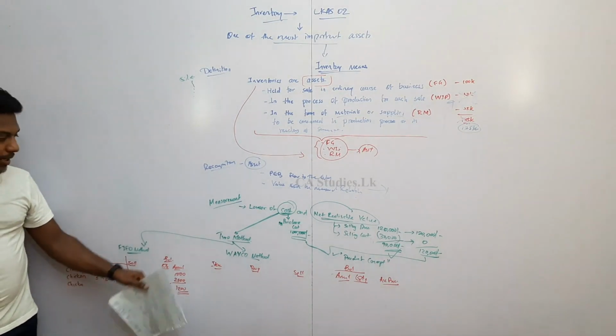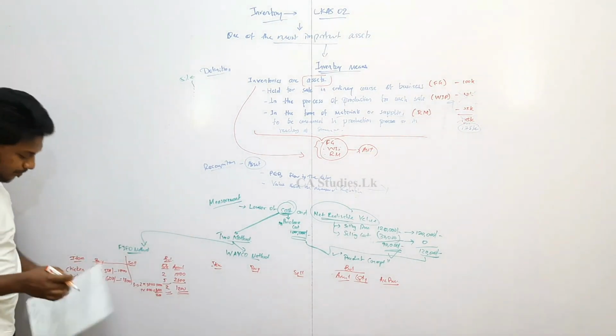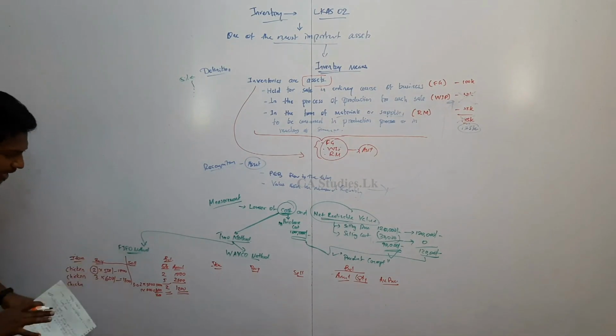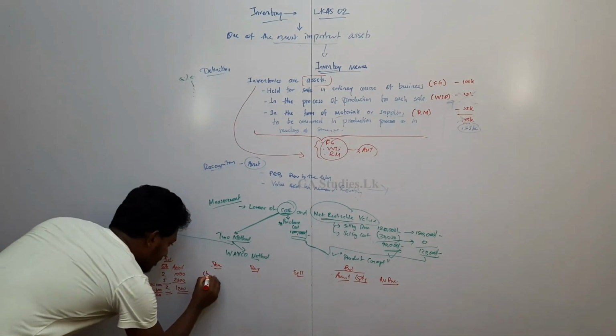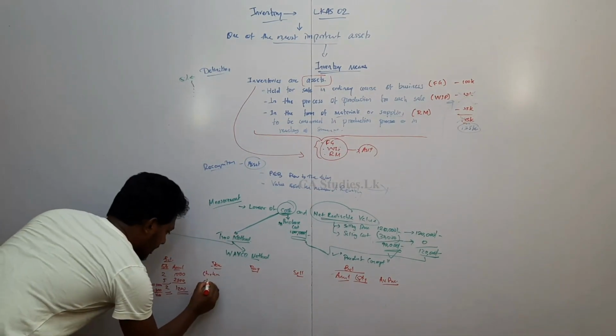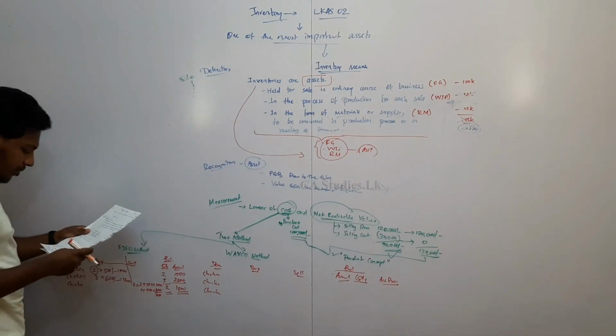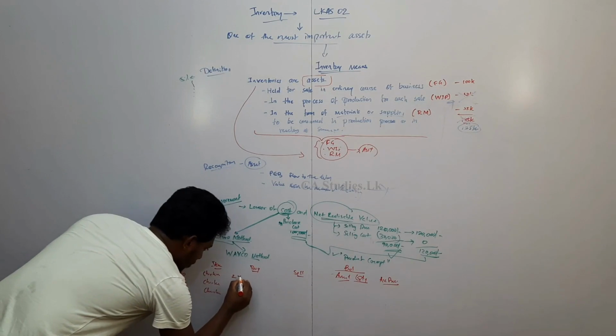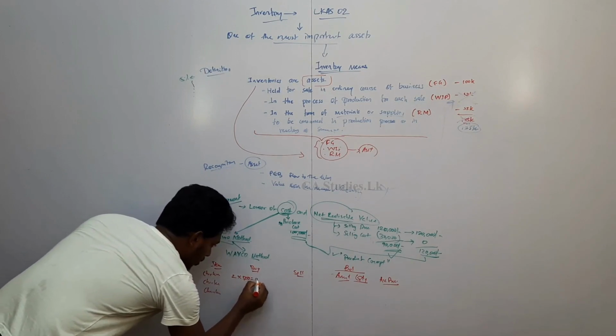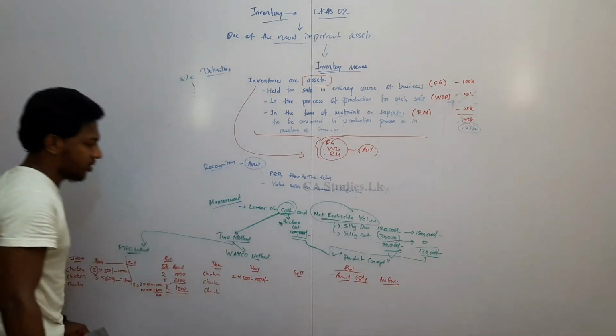Right? In the weighted average method, say the same chicken, the same company using two methods, assume like that. So purchasing 2 chickens at 500 rupees, total purchase is 1000 rupees.